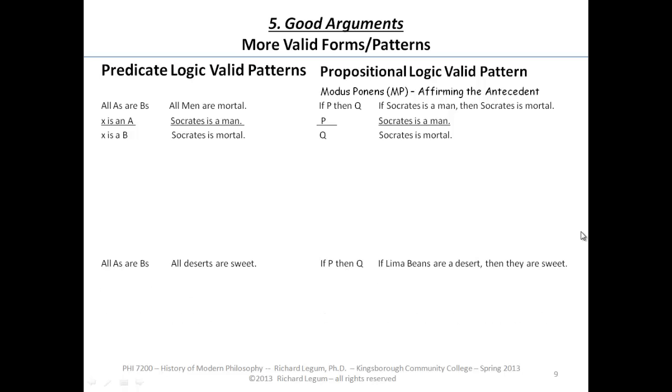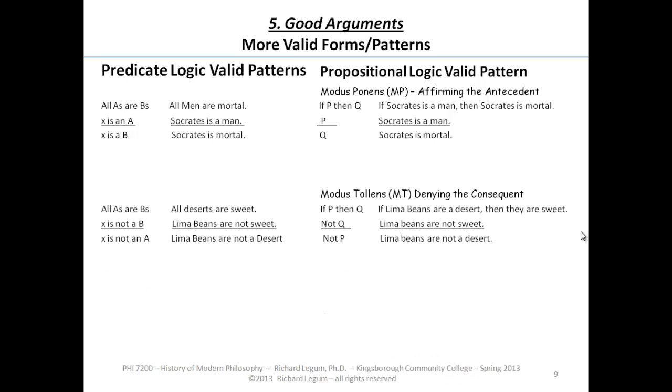Now remember, the next pattern of inference we saw in propositional logic was modus tollens, sometimes called denying the consequent. If P then Q, not Q, therefore not P. If lima beans are a dessert, then they're sweet. Lima beans are not sweet, therefore lima beans are not a dessert.